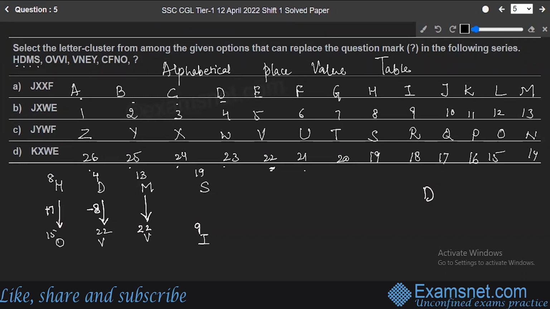From 13 to 22, you moved 9 positions in the forward direction. From 19 to 9, you moved 10 positions back. Correct? So this is the logic being followed in this question: plus 7, minus 8, plus 9, minus 10.